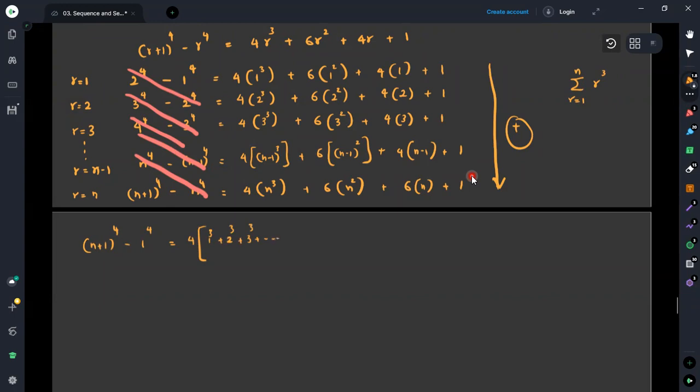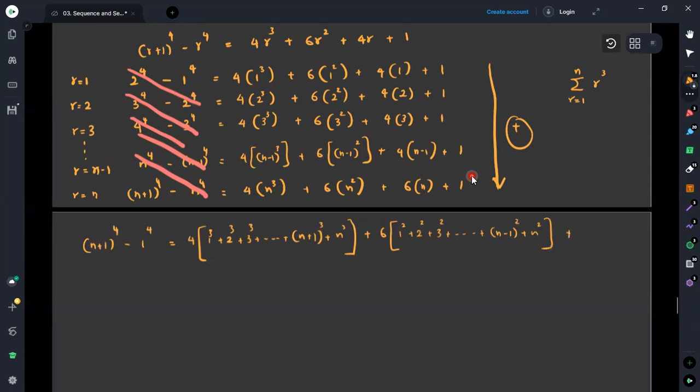In this way we have n plus 1 to the power 3 and n to the power 3. And then we have 6 times 1 squared, 2 squared, 3 squared, in this way n minus 1 squared plus n squared.